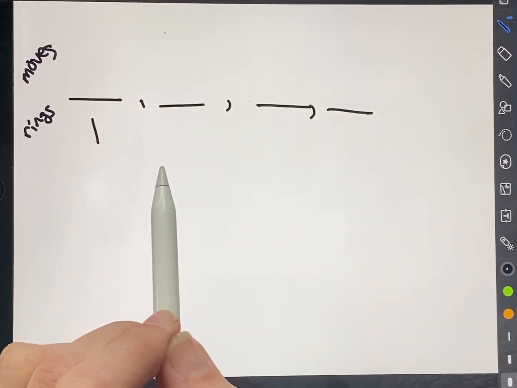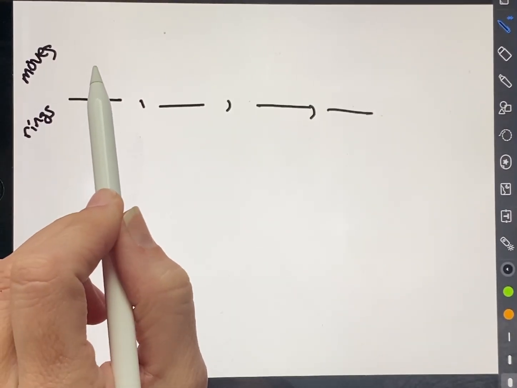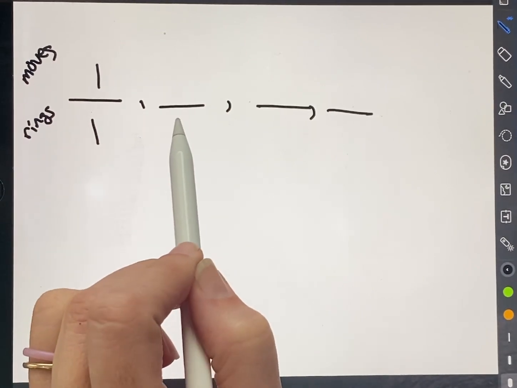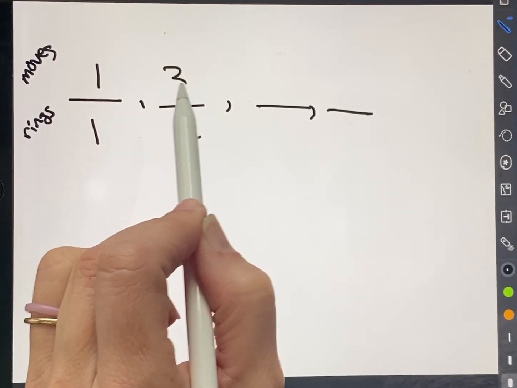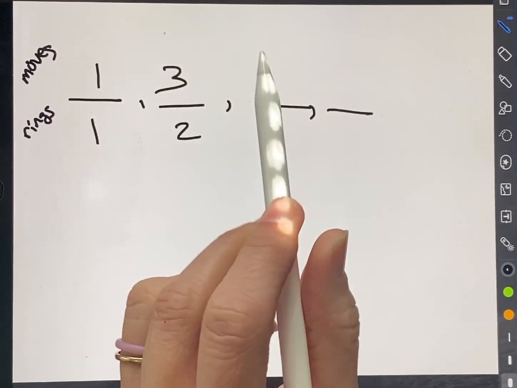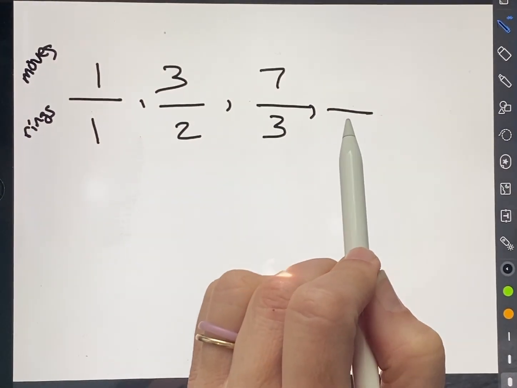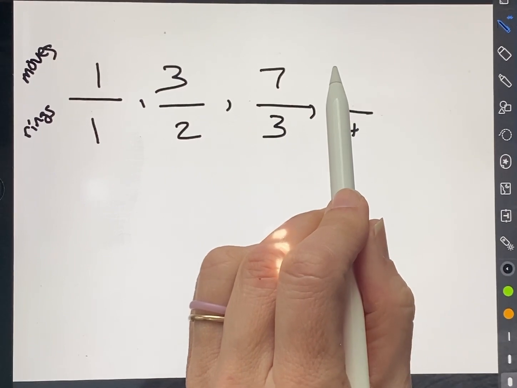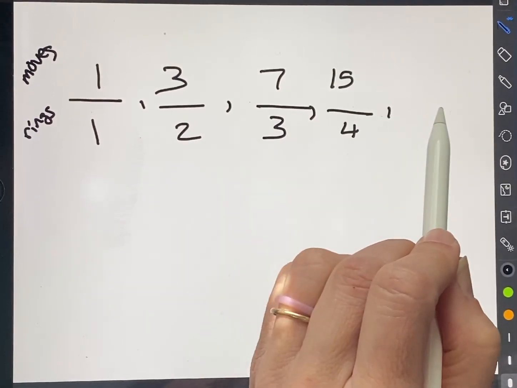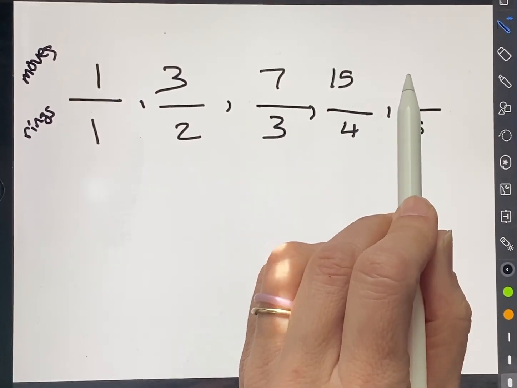For 1 ring, I have to move at least 1 time. If I have 2 rings, I have to move at least 3 times. If I have 3 rings, I have to move at least 7 times. And if I have 4 rings, I have to move 15 times. For 5 rings is 31.